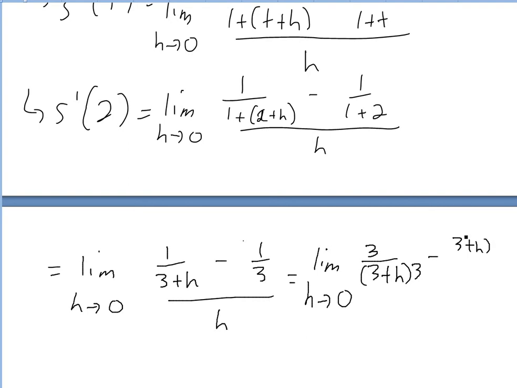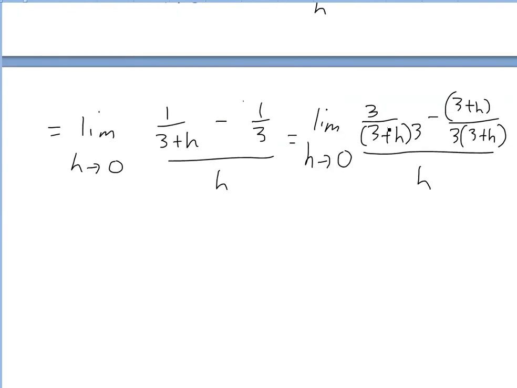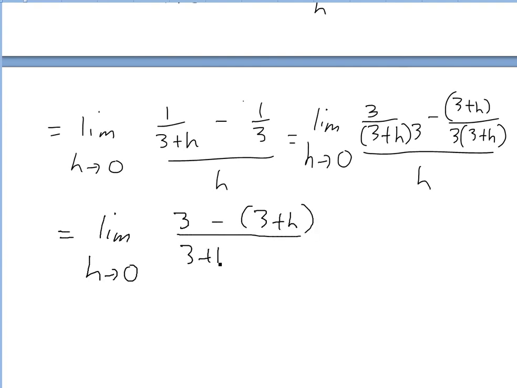So we get a common denominator of 3 times 3 plus h. We're not really changing anything, because these cancel, it's exactly the same as this, all divided by h. Now we can actually subtract these. So we get the limit as h approaches 0 of 3 minus 3 plus h, all divided by 3 times 3 plus h, all divided by h.